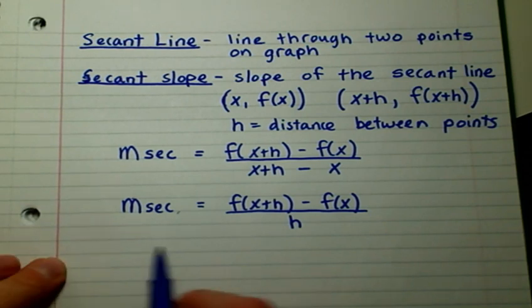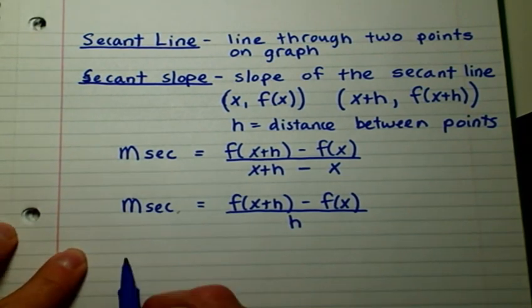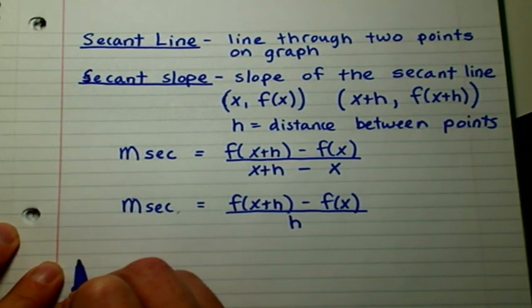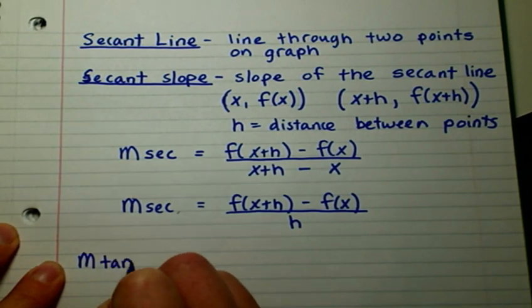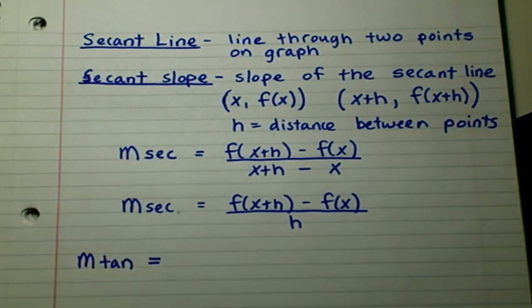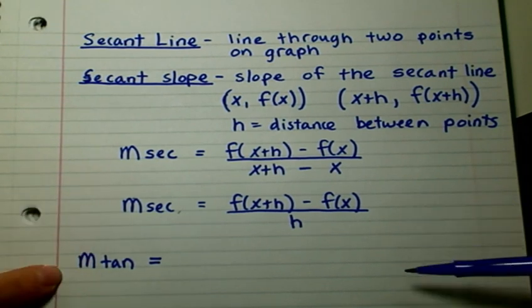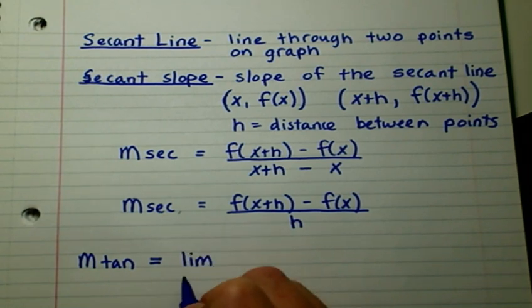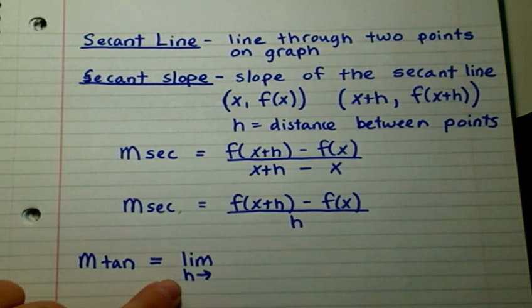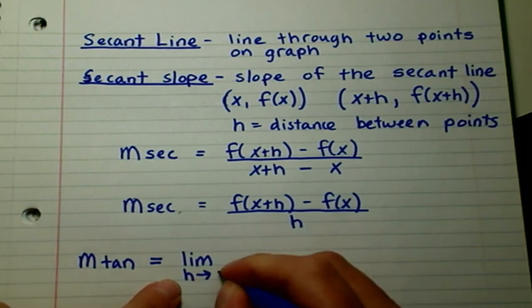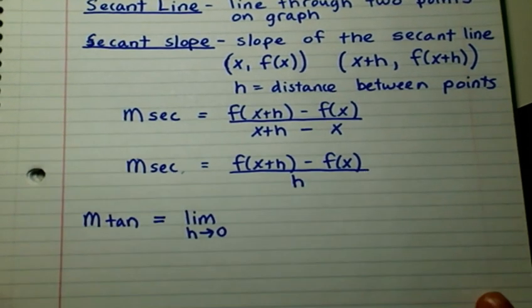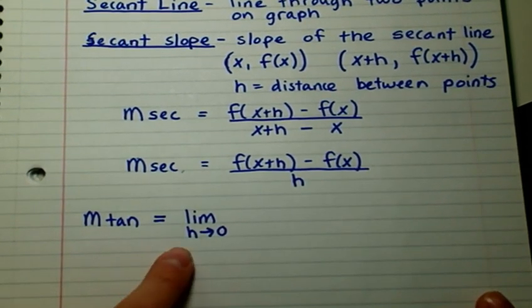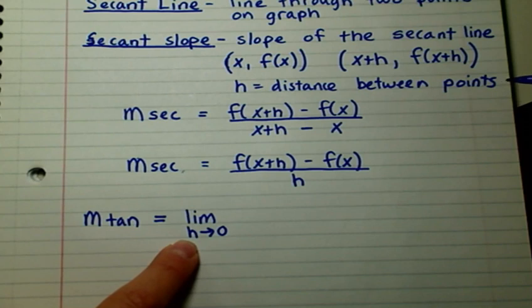All right, so we're going to turn secant slope into tangent slope. So we're going to say slope tangent equals. Now, in order for this to turn into tangent slope, the points have to move together. The limit as the distance between the points goes to 0. Remember, h is the distance between the points.